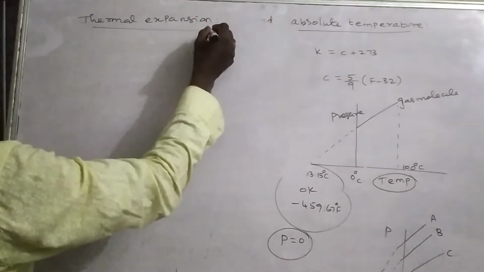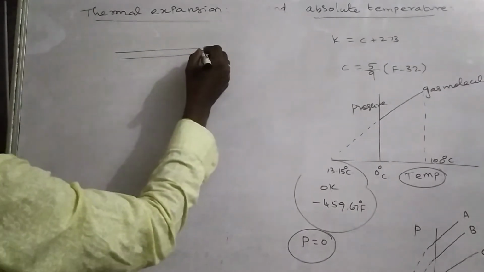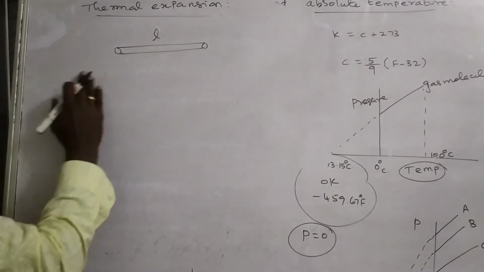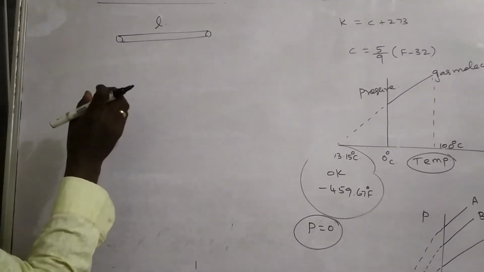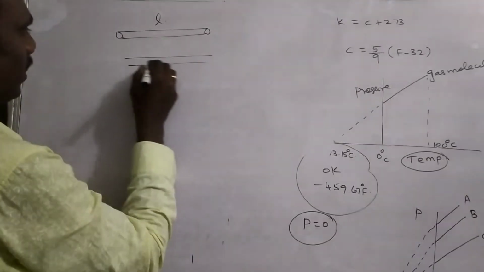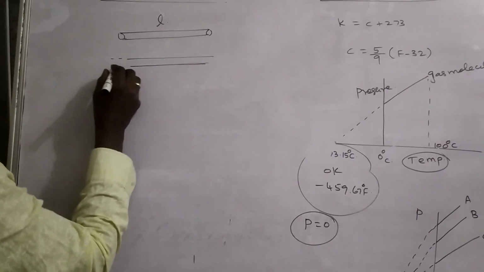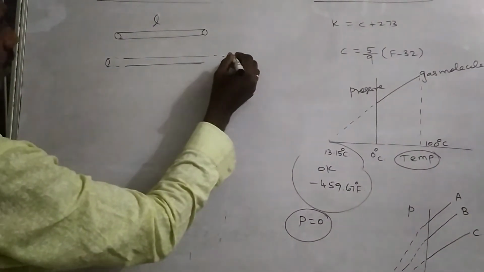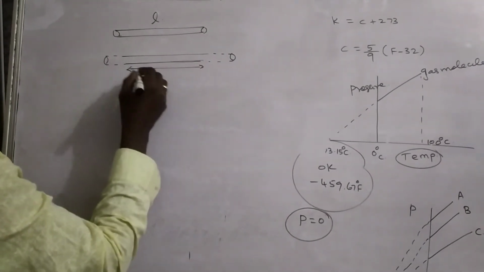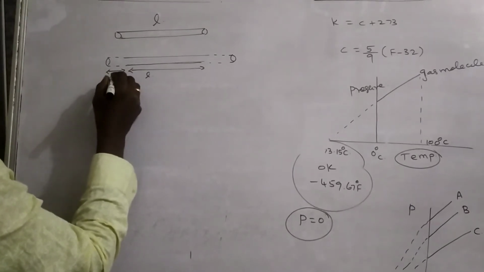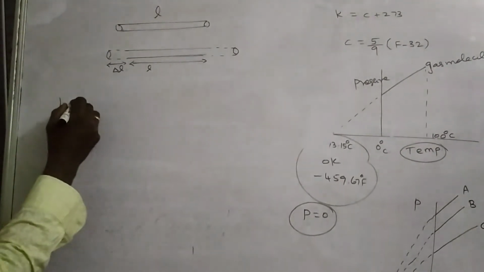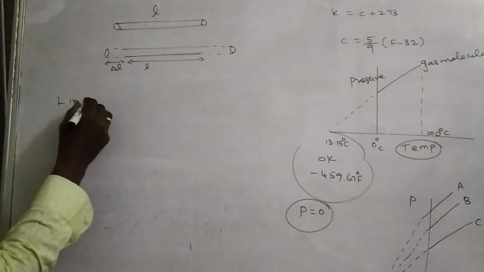Thermal expansion. Let us take a wire of length L. The wire will be heated. What happens? It starts to expand. So the length of the wire is expanded due to the heating. The length of the wire is L, and it increases by a small amount delta L. So only one dimension, only one direction, is varying.